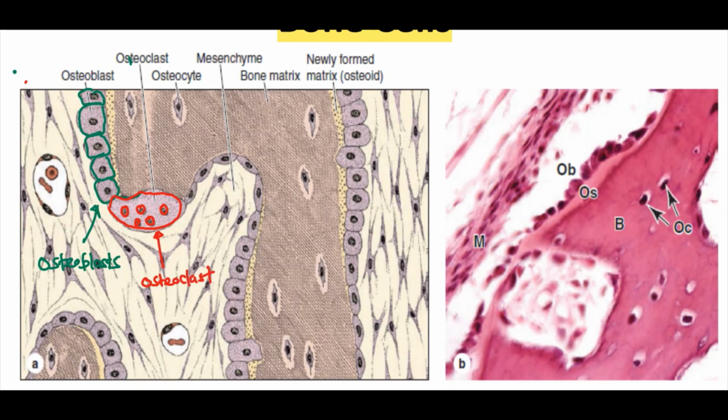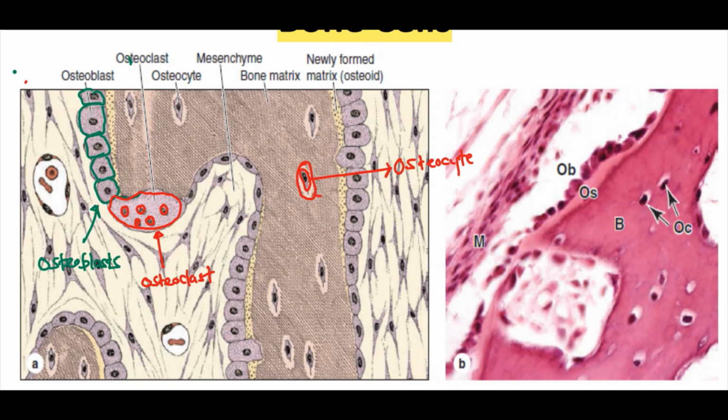Osteoclast. And then the cells that are found in the bone matrix inside the spaces. There's a space here, and inside of the space, we can see this cell that is flat. These are osteocytes. Osteocytes are formed from osteoblasts. When they lose their synthetic abilities, they lose their cuboidal shape, become flat, and settle in the lacunae.